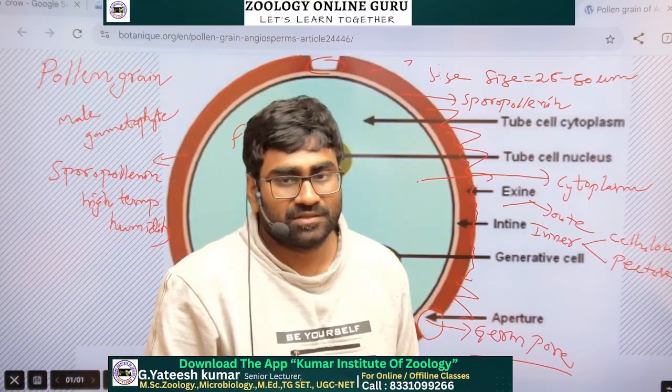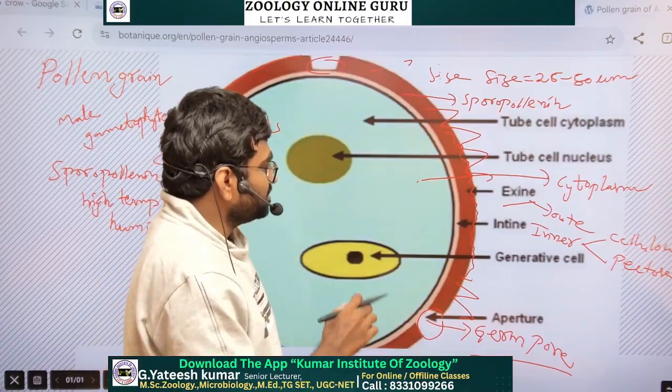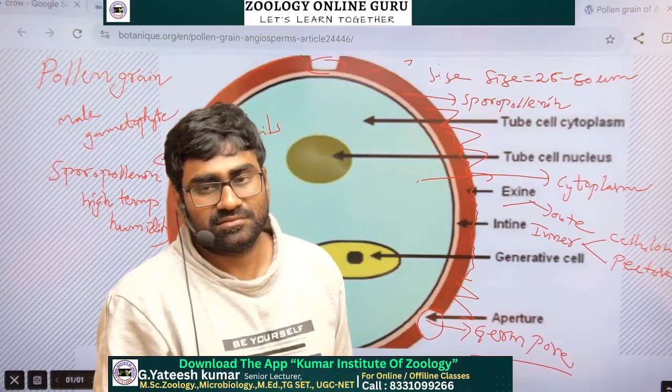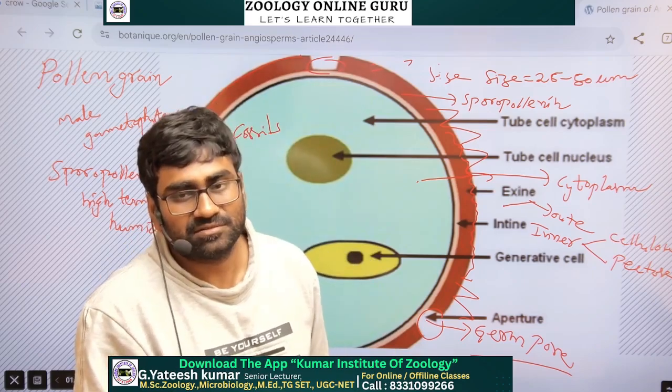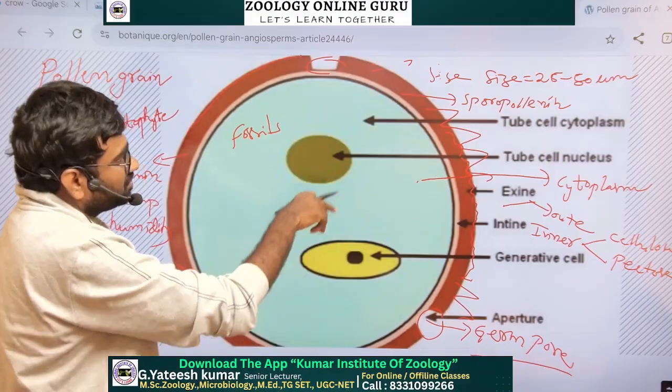Next, the intine is the inner wall, and it is made up of cellulose and pectin. So this is the structure of the matured pollen grain.